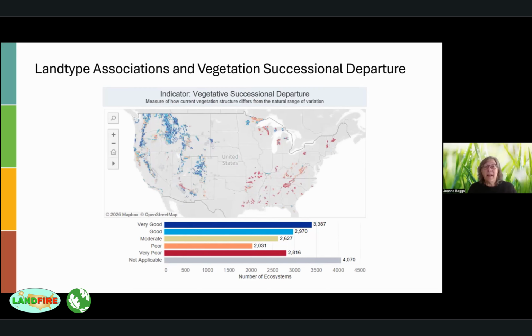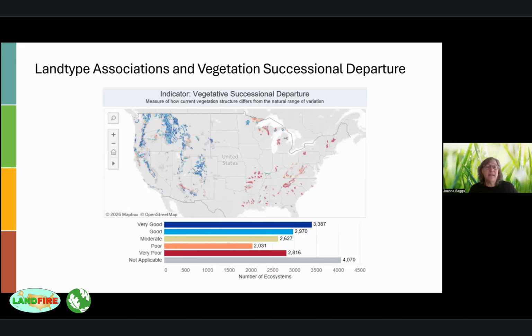Here we're using that land type association, again at the landscape scale, and using the LANDFIRE products, we use vegetation succession departure at that scale. So we are able to go within each LTA and ask the question on NFS land, how far has the vegetation departed, using BPSs and the existing veg layer from LANDFIRE. And again, you can start to see very clear patterns and trends.